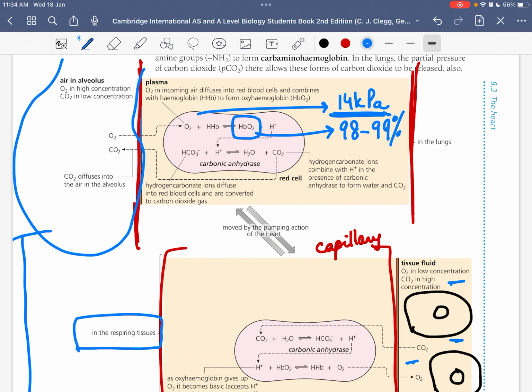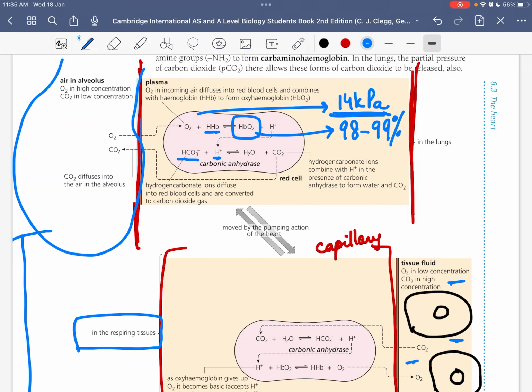What are we going to do? When we break this down, we will have an excess of H plus ions. So all those H plus ions, what will they do? These H plus ions can technically combine with bicarbonate ions, and where did these bicarbonate ions come from?